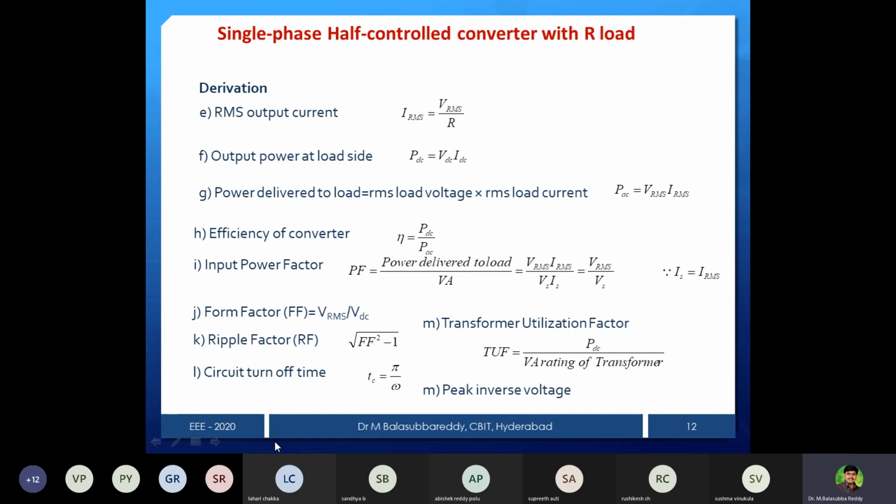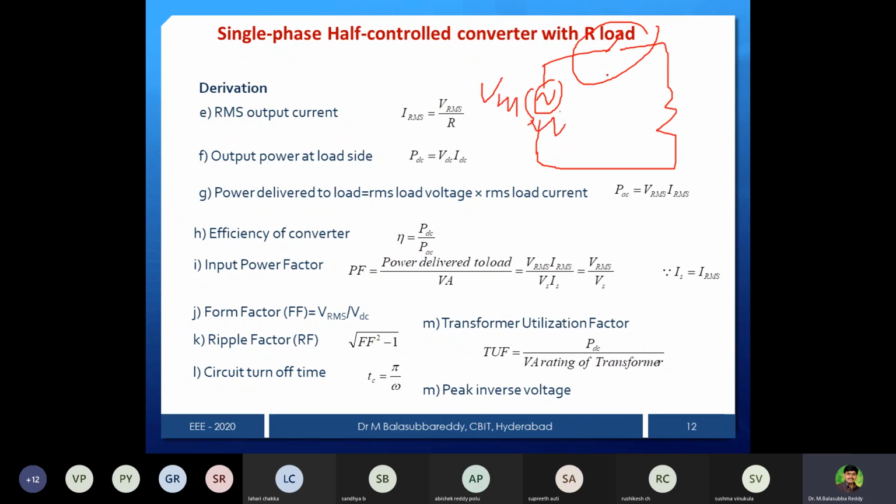And peak inverse voltage. So what does peak inverse voltage mean? When the device is in the off state, you can see that there is a supply and the device is open. Let it be in the open state. What is the reverse voltage during the negative half cycle? How much maximum voltage will appear across this? The supply is Vm sin omega t, no?